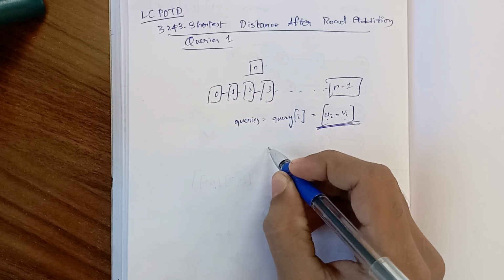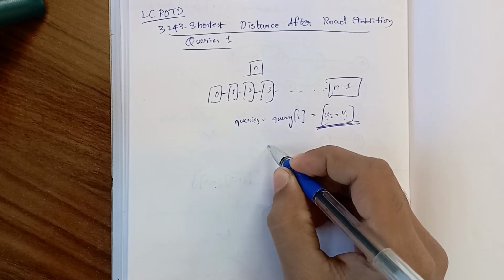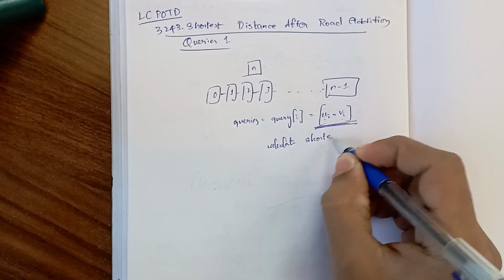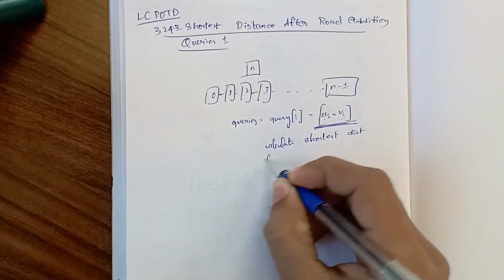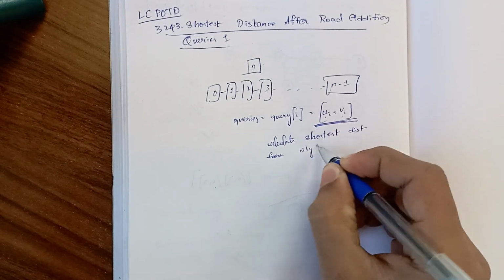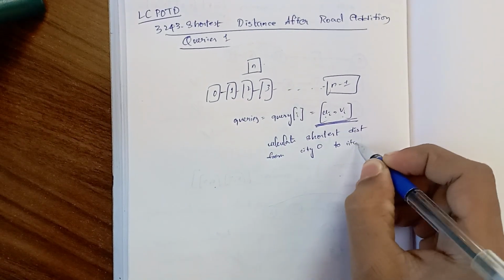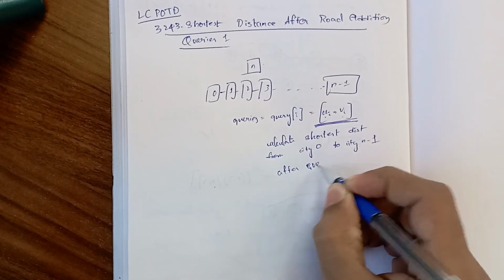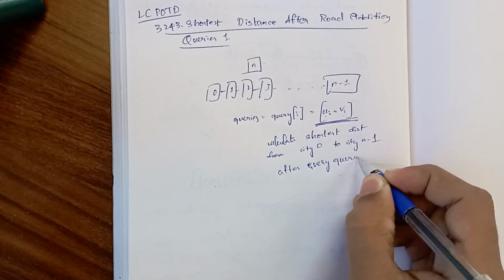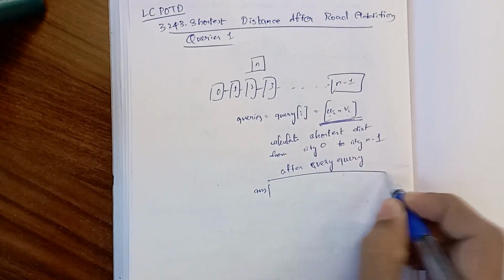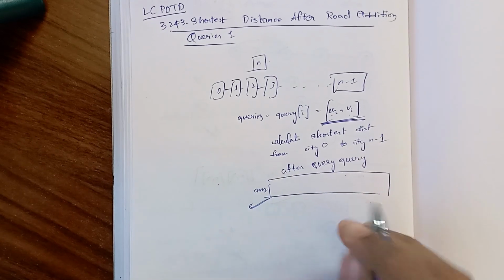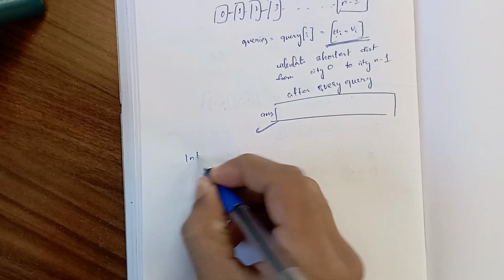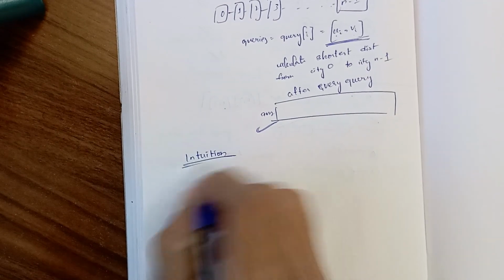And we need to calculate the shortest distance from city 0 to city n minus 1 after every query, and we need to push that into our answer vector and return this vector. So this is the question which is given in our description. Here we'll go to the intuition.